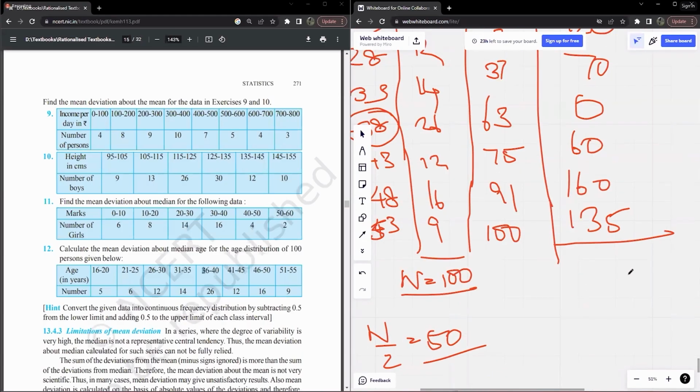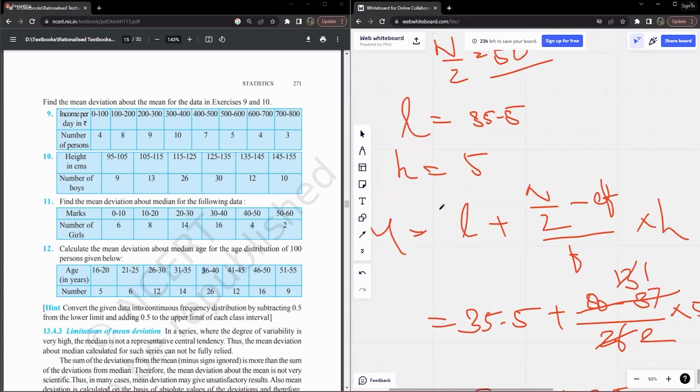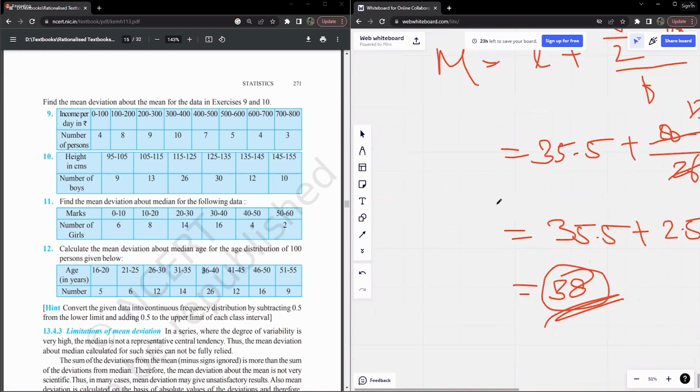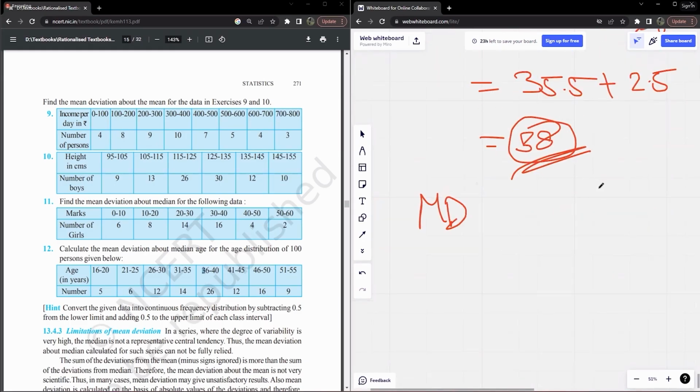just a second. The summation of which is going to be 735. Therefore, the mean deviation about the median is going to be equal to 735 divided by 100, which is 7.35 years.